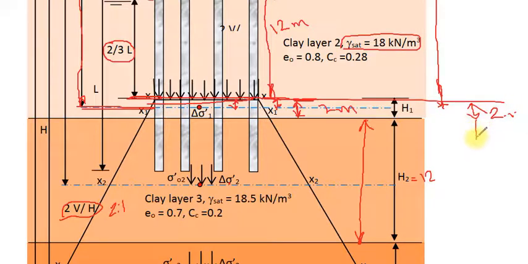and from the bottom of the first layer to the middle of the second layer, this is 6 meter. 6 plus 2 would be 8 meter. From the equivalent raft to the middle of the second layer, Z equals 8 meter.